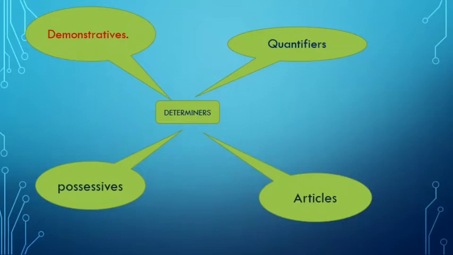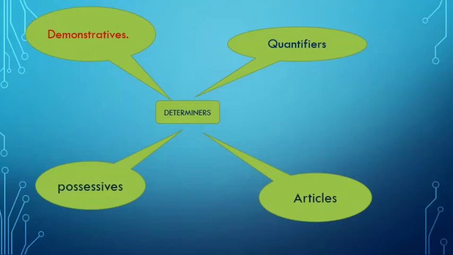These demonstrative determiners focus attention on the nouns that they are replacing. Examples of such words are this, that, these, those. I repeat, this, that, these, those are demonstrative determiners.